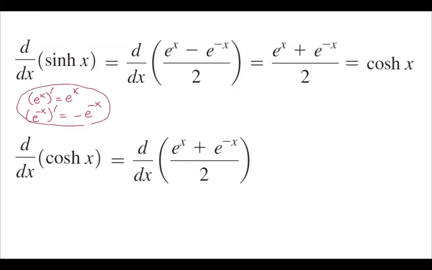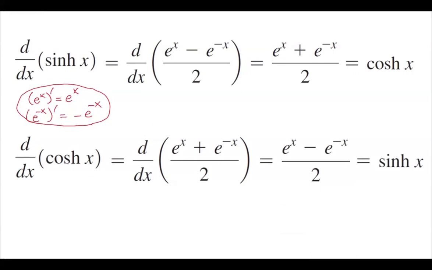The derivative of e to the x is e to the x, and the derivative of e to the power minus x is minus e to the power minus x. This in turn can be written as e to the x minus e to the power minus x divided by 2, which we already know is hyperbolic sine of x.